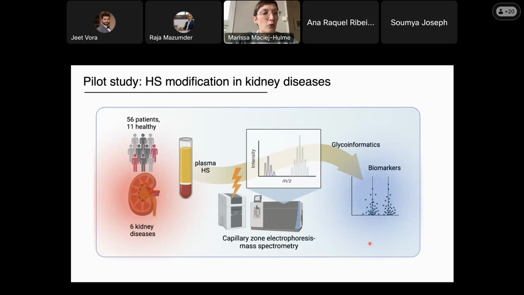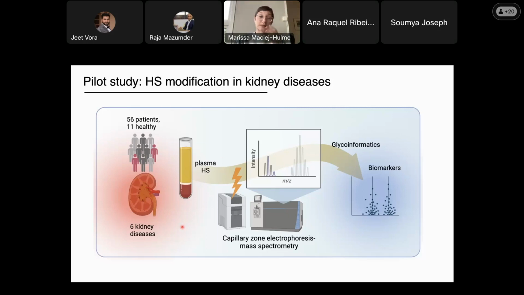So we decided to do a pilot study looking at kidney diseases and heparan sulfate modifications. We knew in the past that heparan sulfate changes in different kidney diseases, and we wanted to explore it as a potential biomarker. So we collected a number of patients with 6 different kidney disease types and 11 healthy controls.